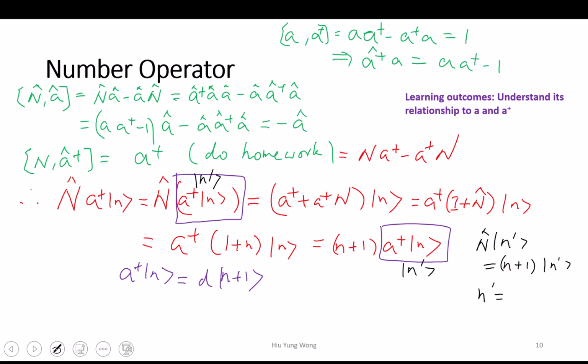So n dash equal to what? Apply to n dash, I should get n dash, because this is the eigenvector. I will get this eigenvalue. But this proves that it is n plus 1 n dash. So what is n dash? Can you speak louder? n dash equal to n plus 1. Exactly.